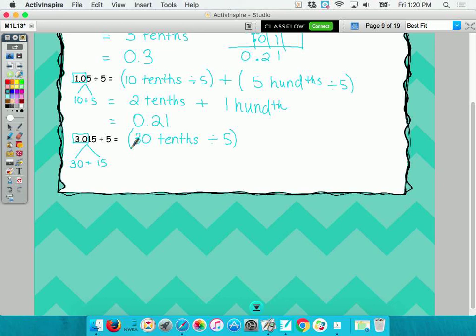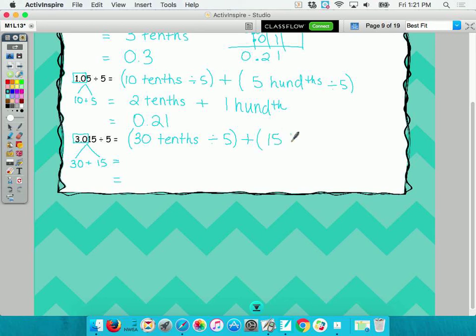Okay, don't do any division yet. Plus 15 what? Hundredths or thousandths? Thousandths. It's thousandths because the 5, the last digit I write, is in the thousandths place.